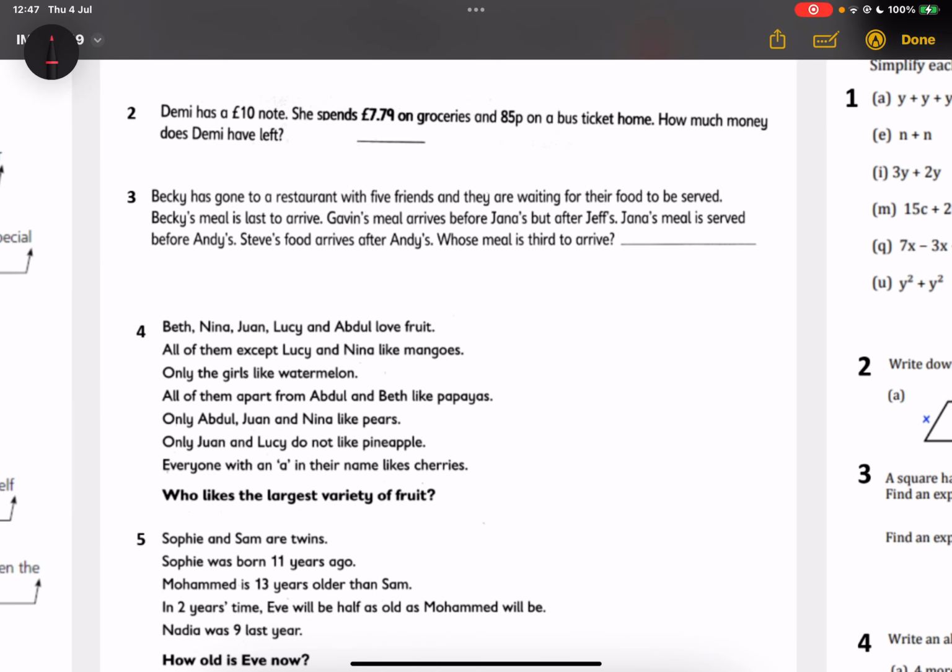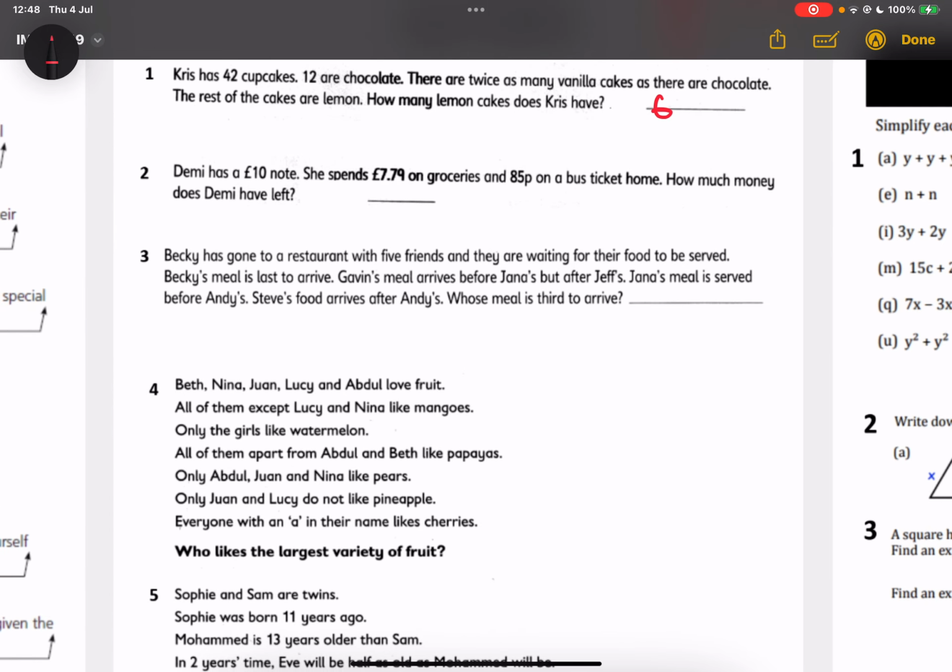2. Demi has a £10 note. She spends £7.79 on groceries and 85p on a bus ticket home. How much money does Demi have left? Well, this will just be our £10. We can do this in column addition or column subtraction. £10 minus £7.79. Or in fact, what we could even do is just take our £7.79 and add our 85p first, and then subtract that all.